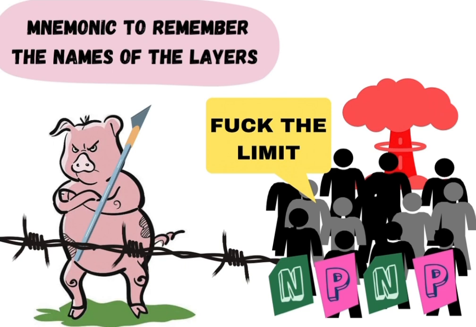Now, this pig is constrained by this limiting membrane, this limiting barrier in front of him. And the reason for that is because the pig has a rod with him and he wants to pick a fight. On the other side of this limiting barrier, there is a gang, a group of people who want to fight the pig.